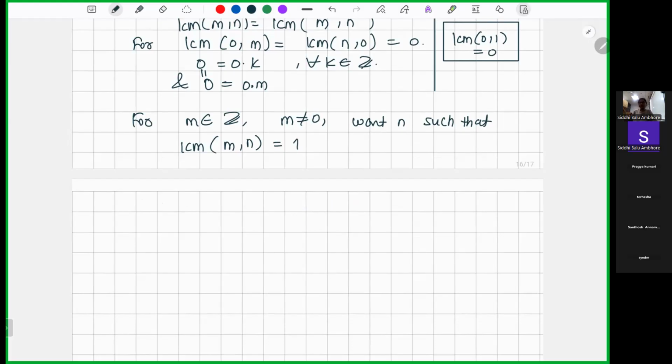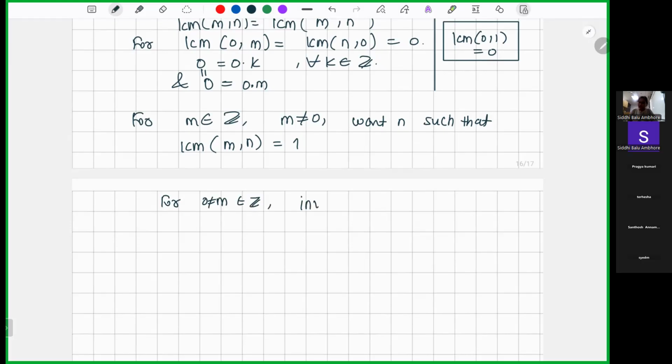But again, it will be greater than or equal to M and greater than or equal to N. And so therefore, for non-zero M in Z, inverse does not exist.